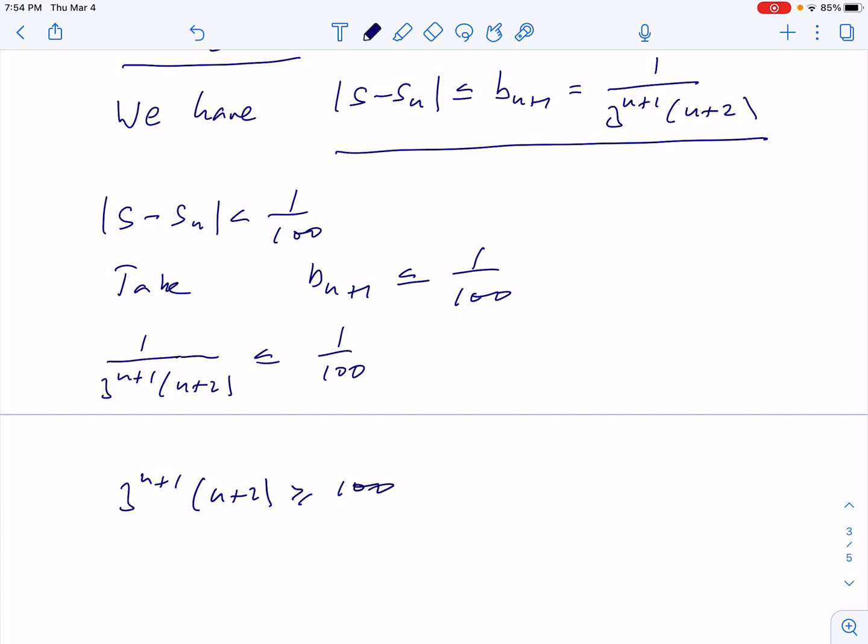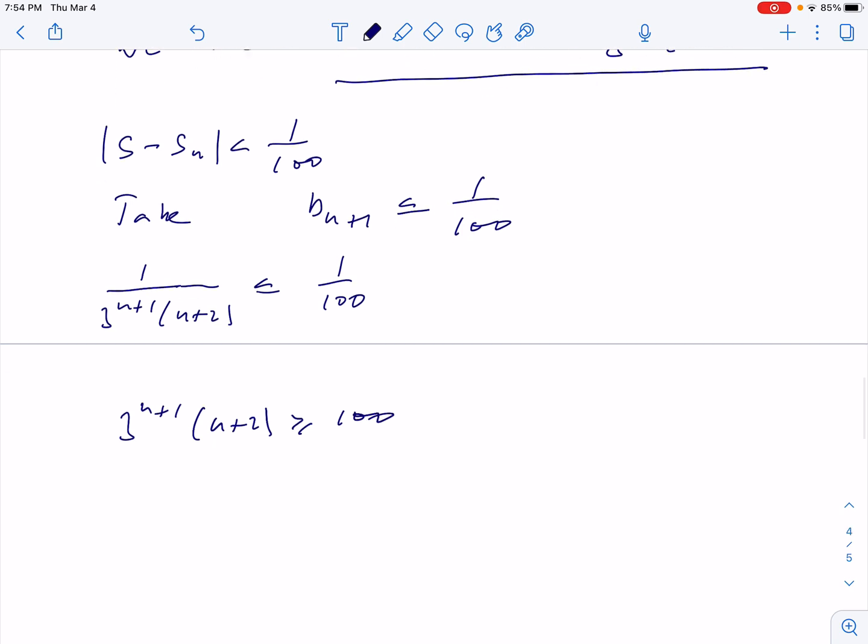For what n does this become true? Let's see. When n equals 1, we have 3 squared times 3. This will be 27, 3 cubed. That's not bigger than 100. Let's go to the next one.